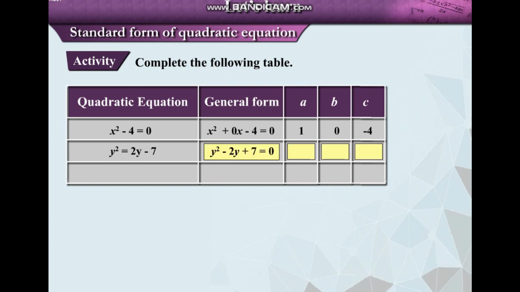General form: y square minus 2y plus 7 is equal to 0. a is 1, b is minus 2, c is 7. Quadratic equation: x square plus 2x is equal to 0. General form: x square plus 2x minus 0 is equal to 0. a is 1, b is 2, c is 0.